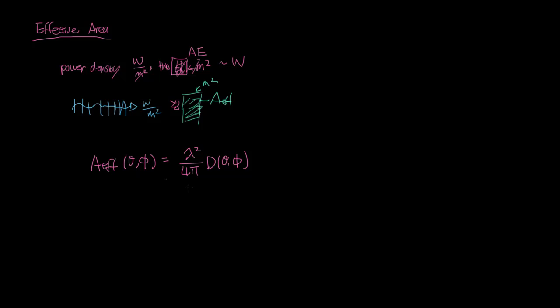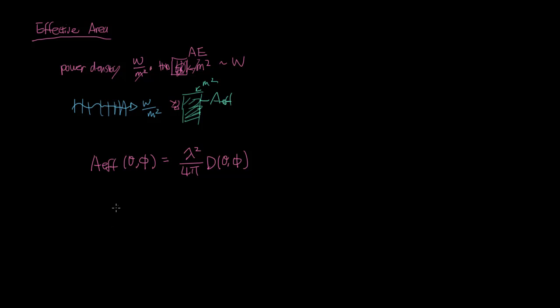When you're trying to figure out how much of your signal you're going to be able to receive, if you have the directivity of the antenna and you know what direction the signal is coming from, you take that direction in terms of theta and phi, plug it in here, and multiply it by the square of the wavelength divided by 4 pi. That will give you the effective area of that antenna for this particular incoming radio wave signal from this particular direction.